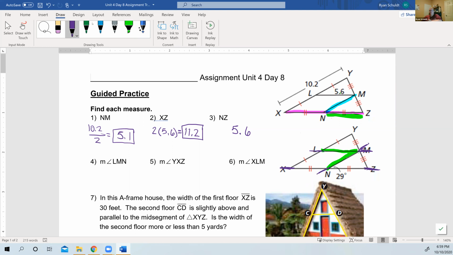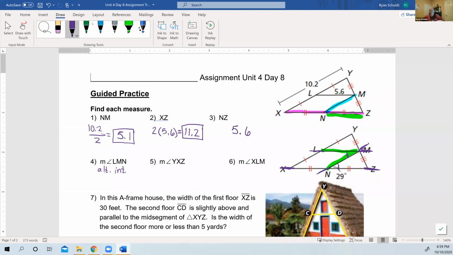So the angle I want is this one up here. Do I know an angle that's related to it? Yes, this 29 down here. These are what kind of angles? Alternate interior. And what are alternate interior angles? How are they related? They're equal.